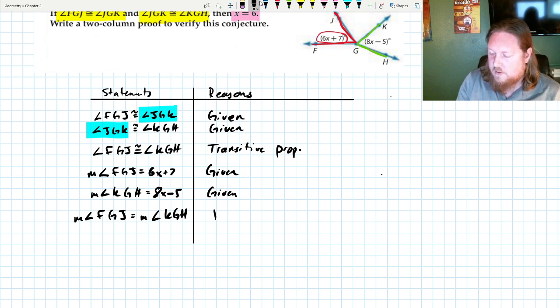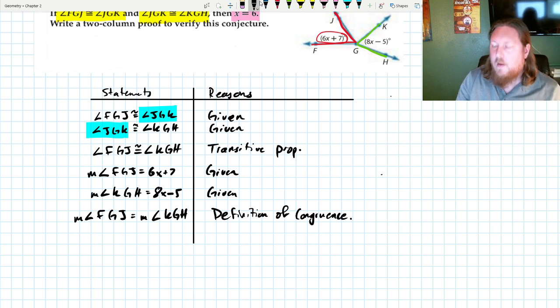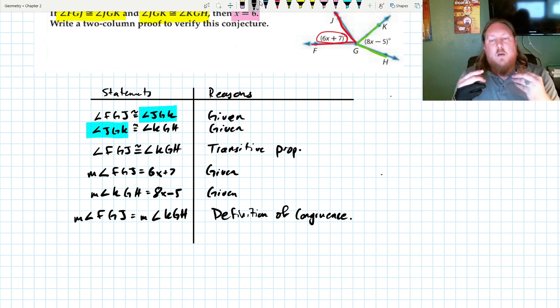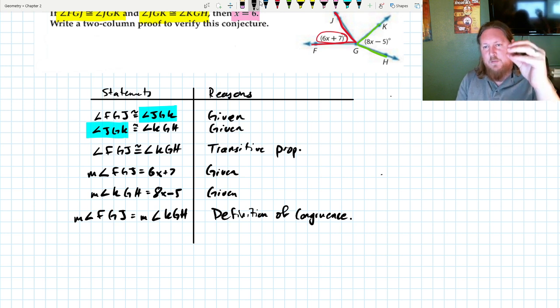This is the definition of congruence. And it seems kind of odd that I've done that a little bit separately, but the way I was organizing is, what do I know about geometry? Okay, I made a conclusion. Do they give? I've got to switch it to algebra at some point. Do I know anything about that? Oh, I know these two expressions. Oh, another thing, I also know this relationship now.